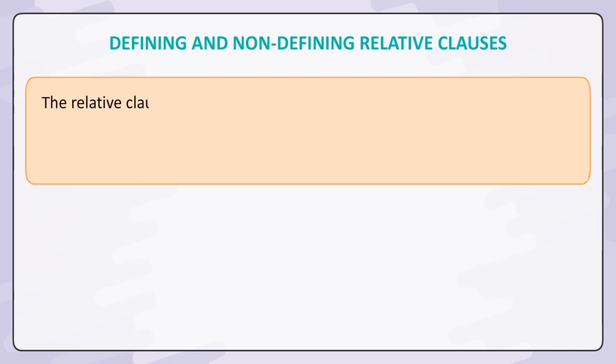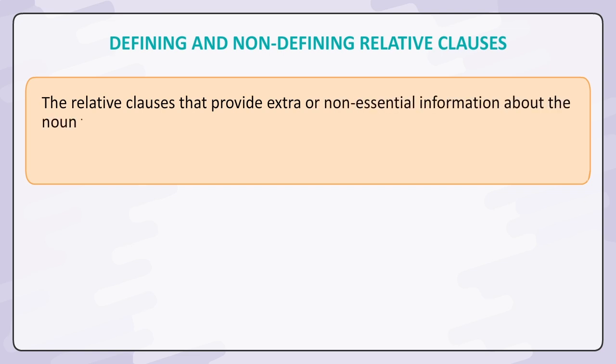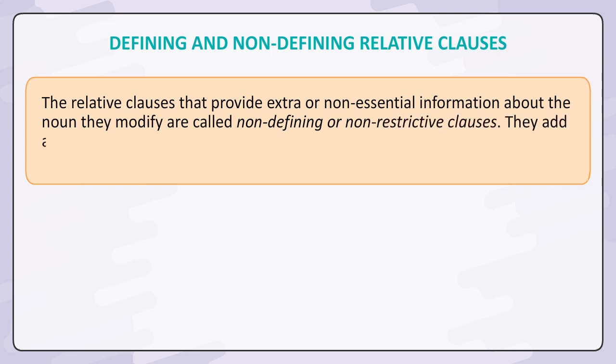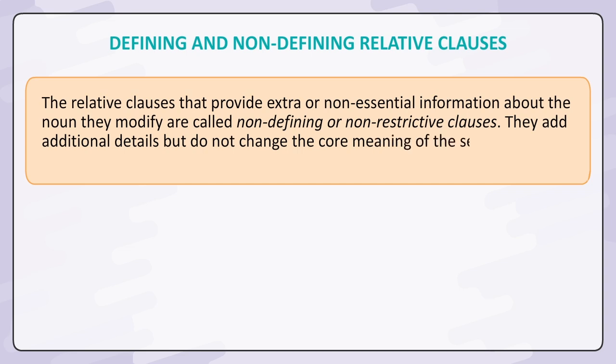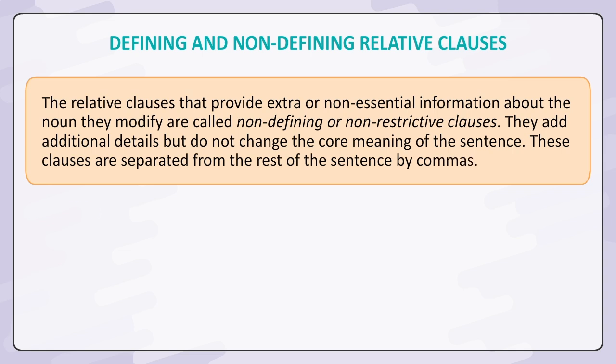The relative clauses that provide extra or non-essential information about the noun they modify are called non-defining or non-restrictive clauses. They add additional details but do not change the core meaning of the sentence. These clauses are separated from the rest of the sentence by commas.